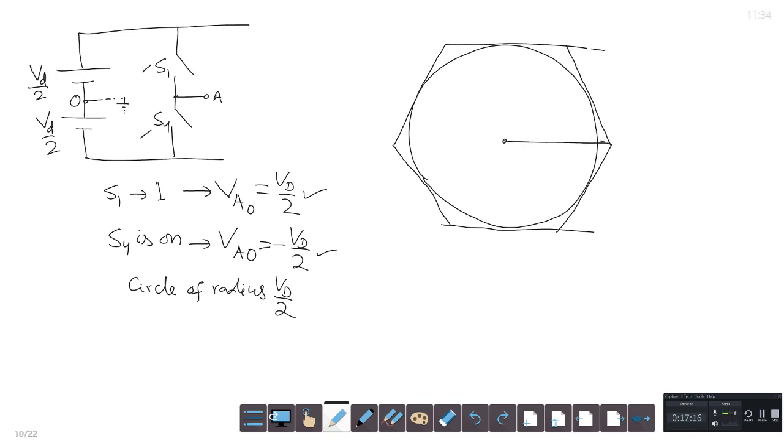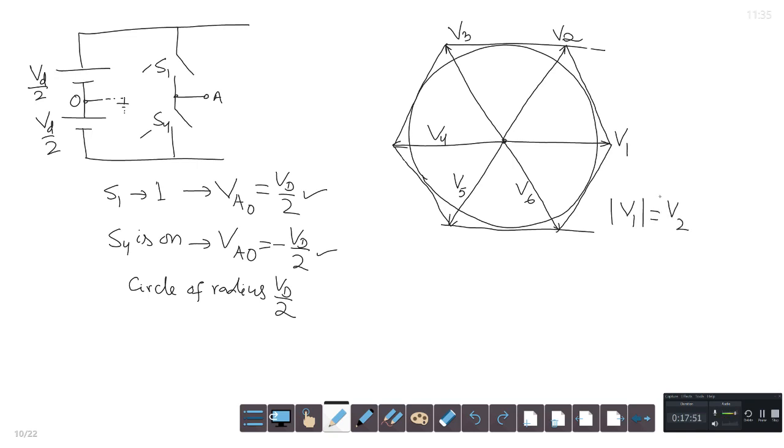So, this is V1, this is V2, V3, V4, V5 and V6. 6 active voltage vectors are like this, each at an angle of 60 degrees. So, the magnitude of V1 equals the magnitude of V2, equals up to the magnitude of V6, all equal to 2 by 3 Vd, where Vd is the DC link voltage as I have shown in the first figure. Okay.